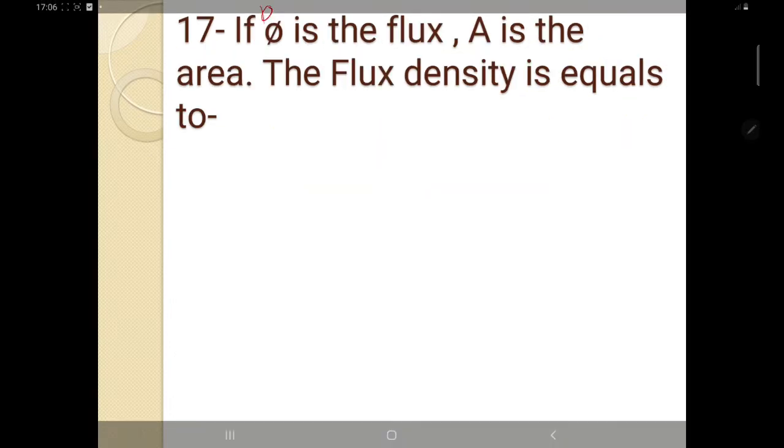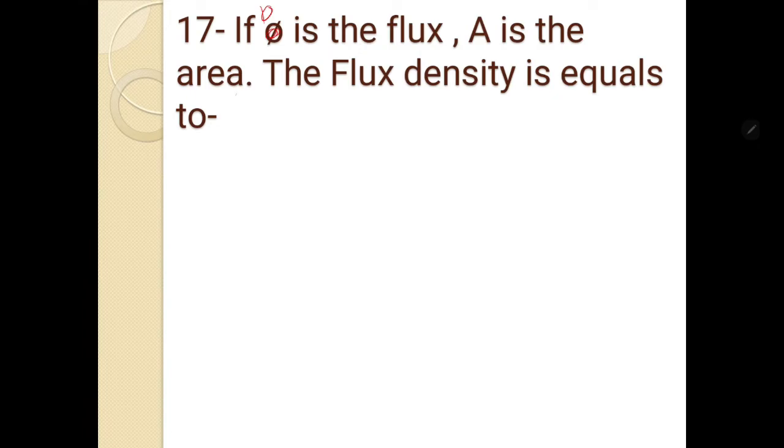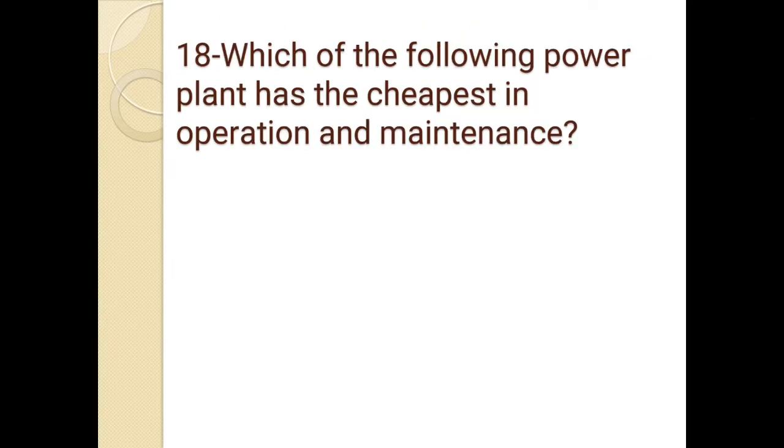If phi is the flux and A is the area, the flux density B is equal to phi by A. The following power plant is the cheapest in operation and maintenance. The cheapest in operation and maintenance power plant is hydro power plant.